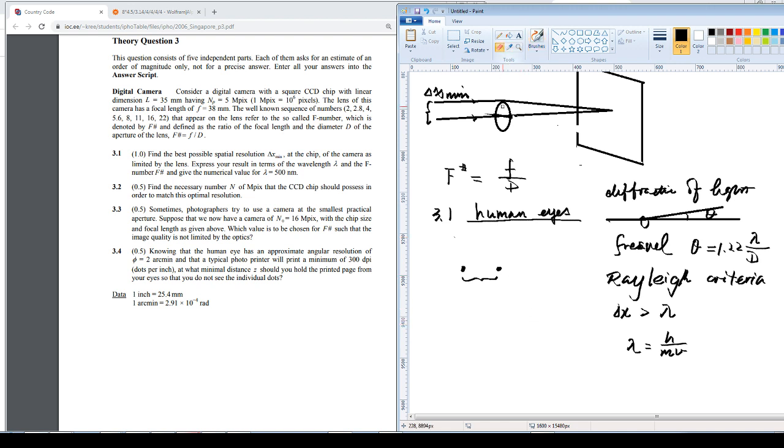So once we establish that, this distance, the minimum, is the focal length times the separation angle. So if you assume horizontal light comes in, they converge onto this point.